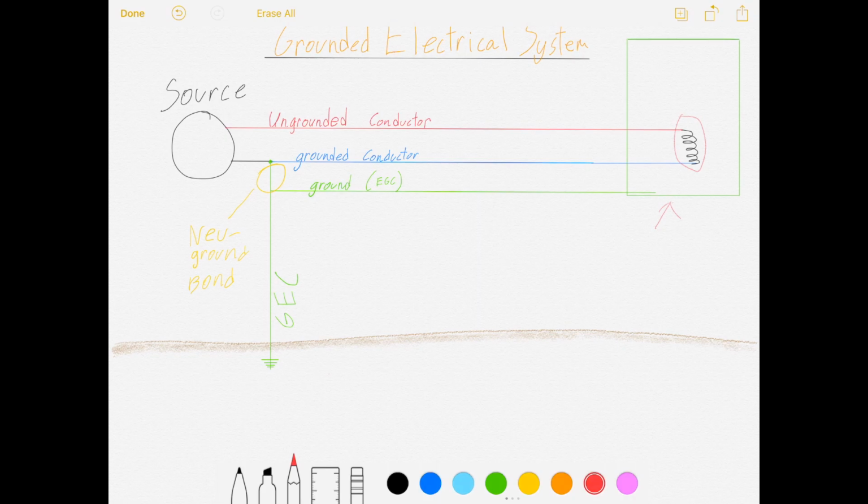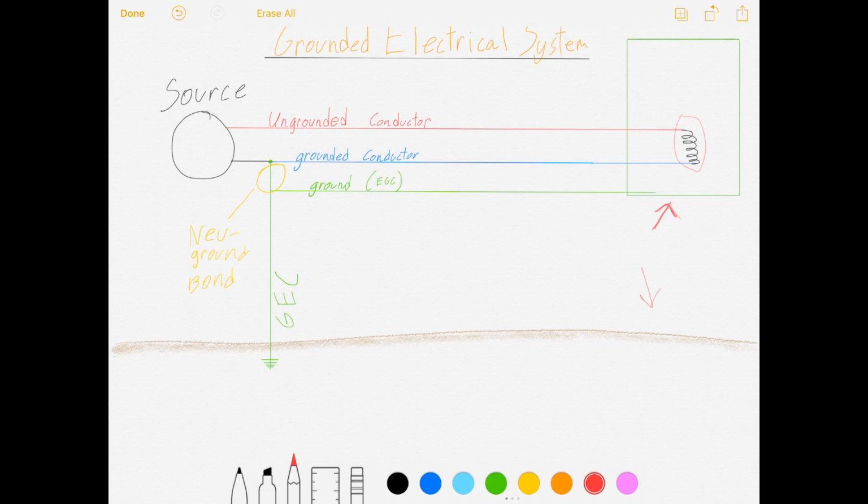Whether we're talking about grounded or ungrounded systems, they all still have grounding as far as the equipment grounding conductor. The primary purpose for equipment grounding is to make sure that there is no voltage between our exposed equipment or conduit and ground and the earth. Because if there were voltage, it would just flow through these wires, the EGC and the GEC.